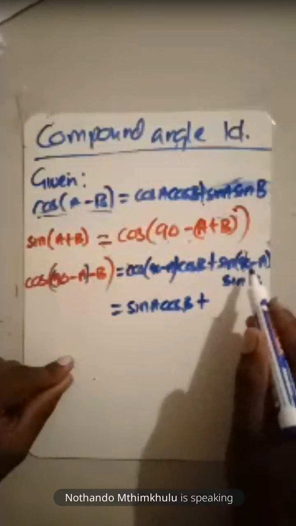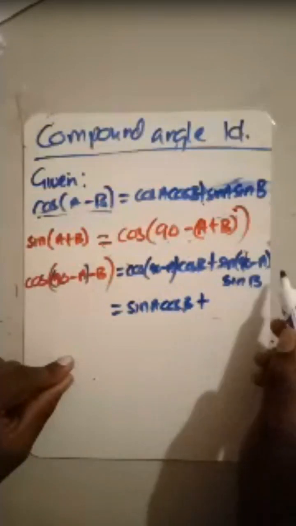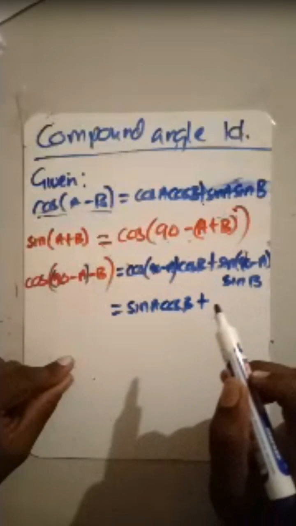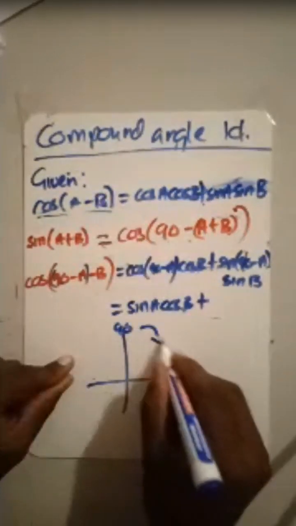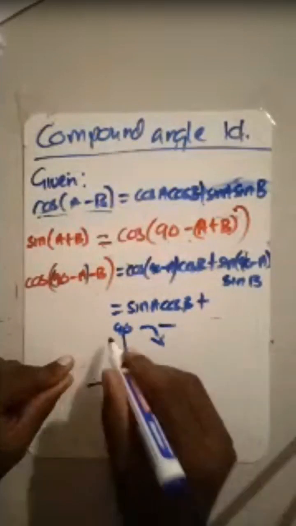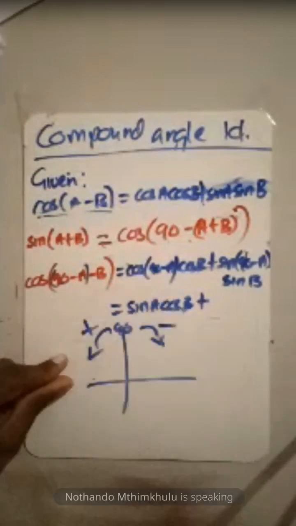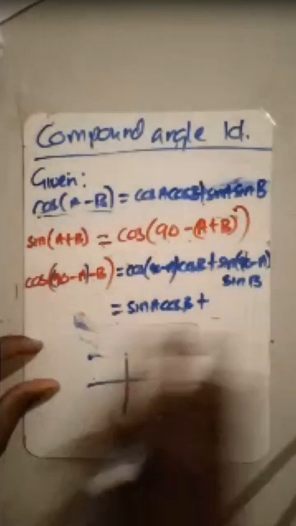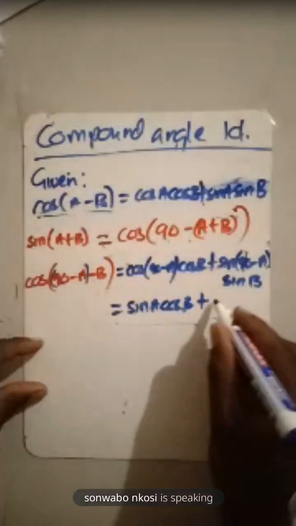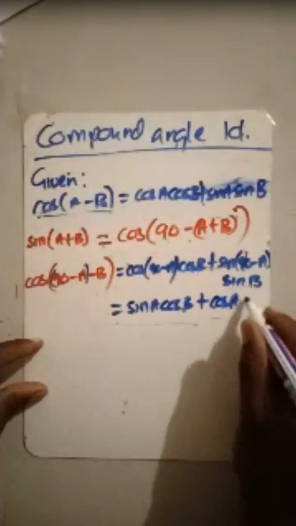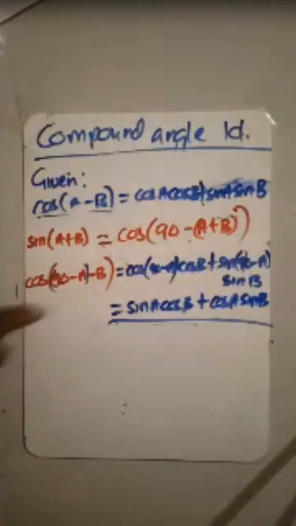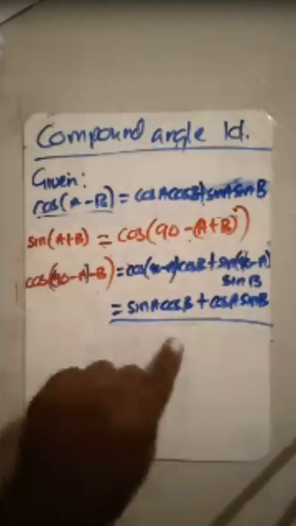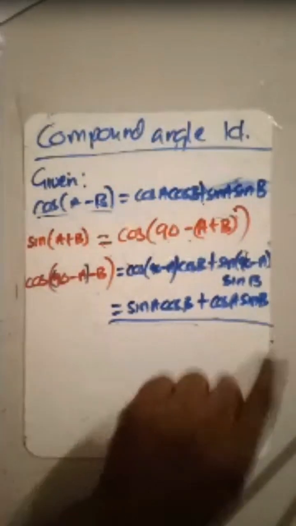Cos A. This one, 90 minus A, is in the first quadrant, so it's going to give us cos A, then sine B. So you see, we have managed to prove it. So this one is the same as that. It means sine A plus B is equal to sine A cos B plus cos A sine B.